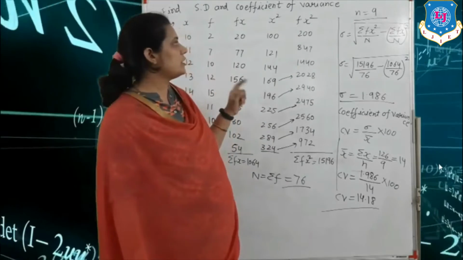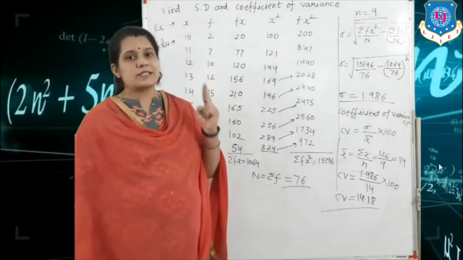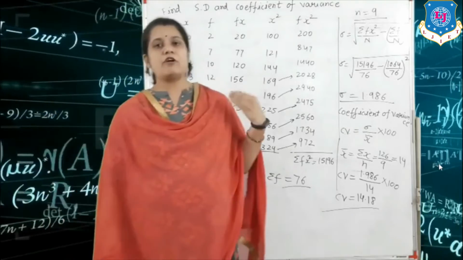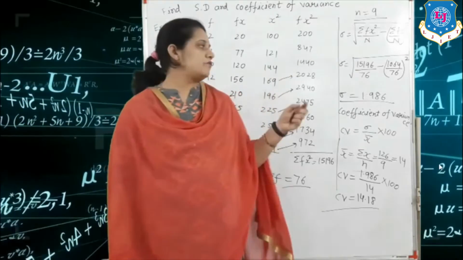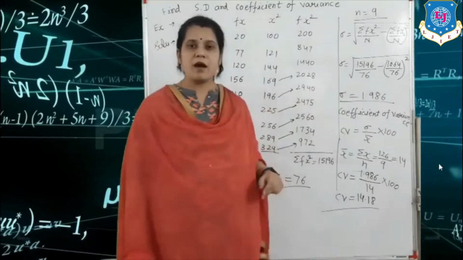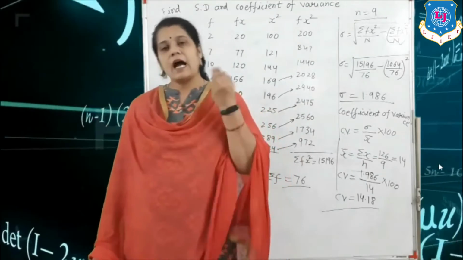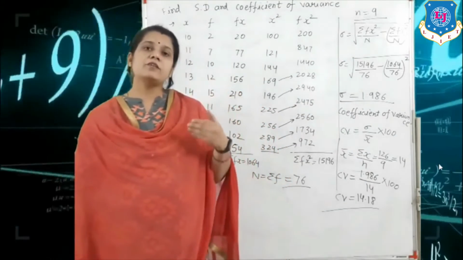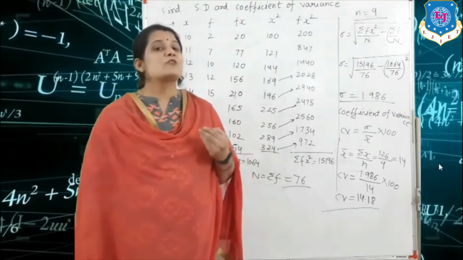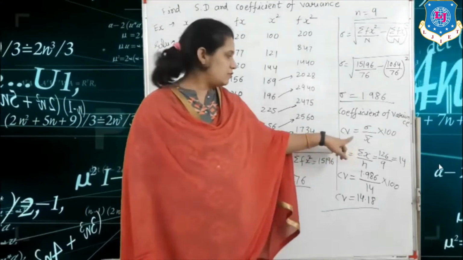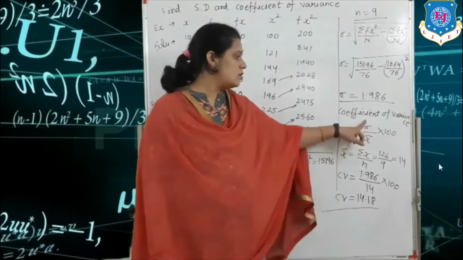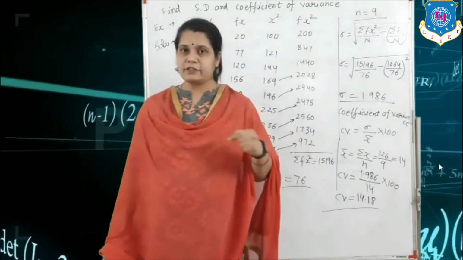So in this question we find two values, the standard deviation and the coefficient of variance. First you find the standard deviation, sigma, 1.986. After that we find the coefficient of variance. So first you write the formula: coefficient of variance is equal to sigma upon x bar into 100.